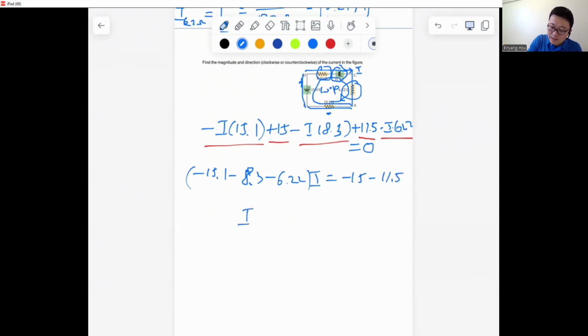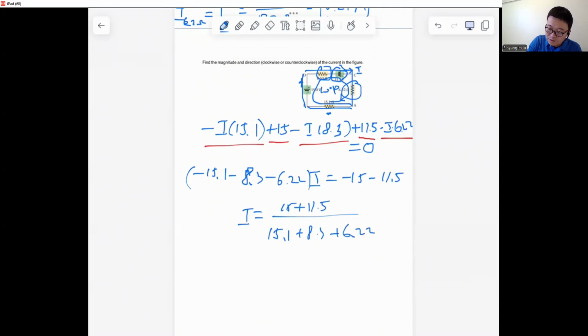So my I at the end, everything is negative, so you can flip those signs. Then it will be 15 plus 11.5 on the top, divided by 15.1 plus 8.3 plus 6.22 at the bottom. Then I can find my current to be 0.889 amps. So the current through this circuit is 0.889 amps.